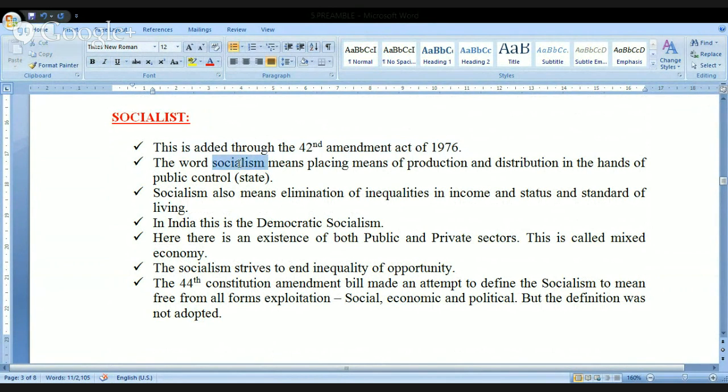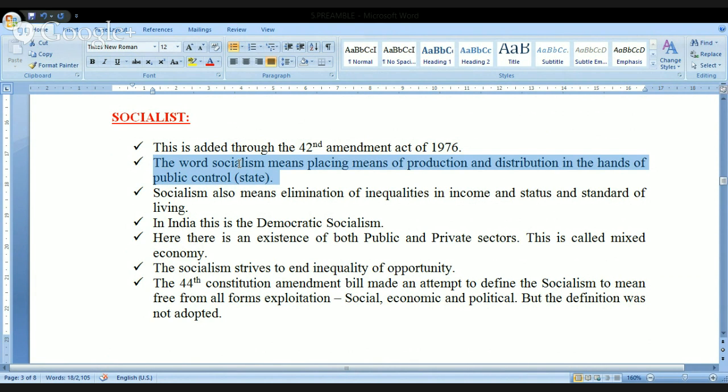The word socialism means placing the means of production and distribution in the hands of the government. That is nothing but the public control. That is nothing but the state. This is the basic idea of the word socialism. Kindly follow this one. These words are very frequently used during the discussions in the parliament, during the discussions at the international level, during various debates.